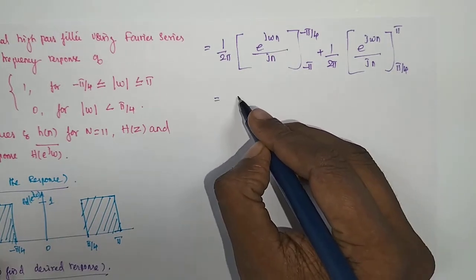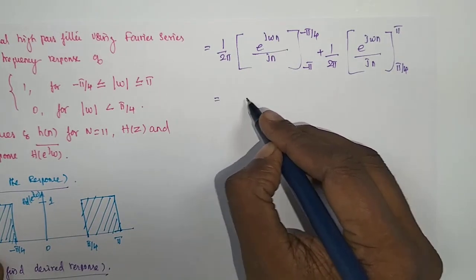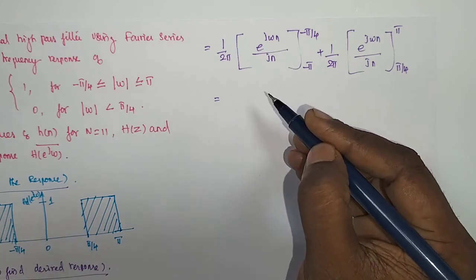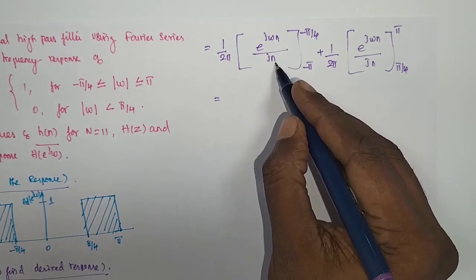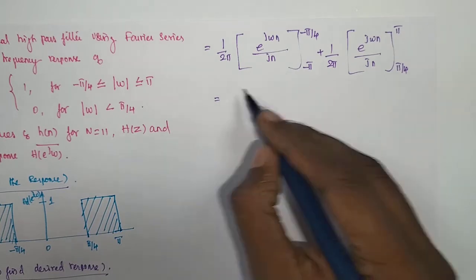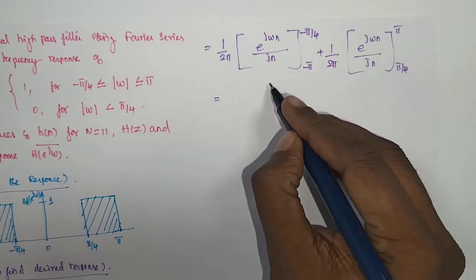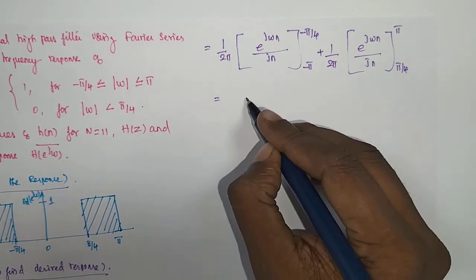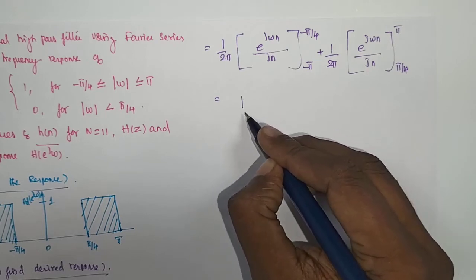Applying the limits, I am taking n in common outside.